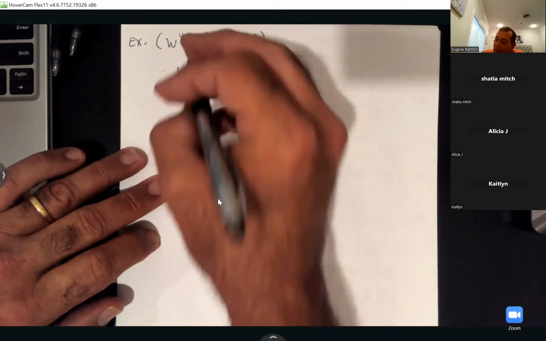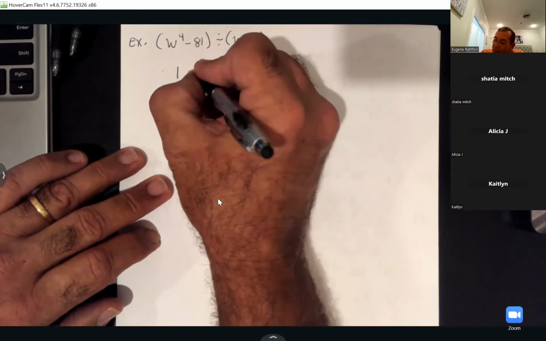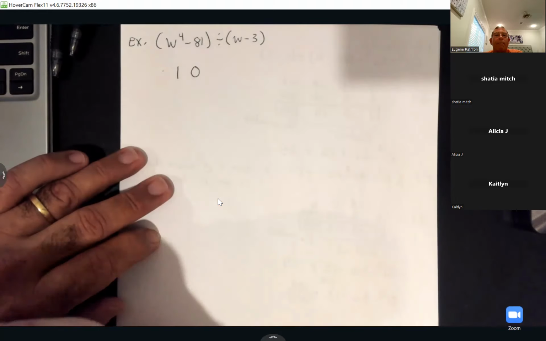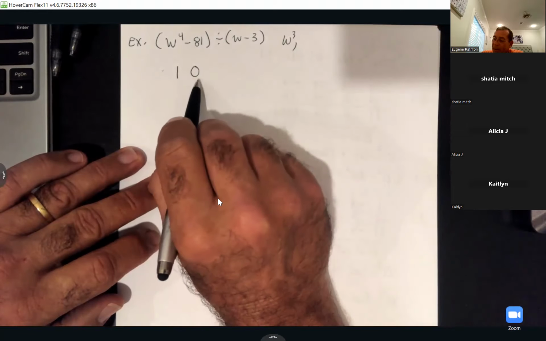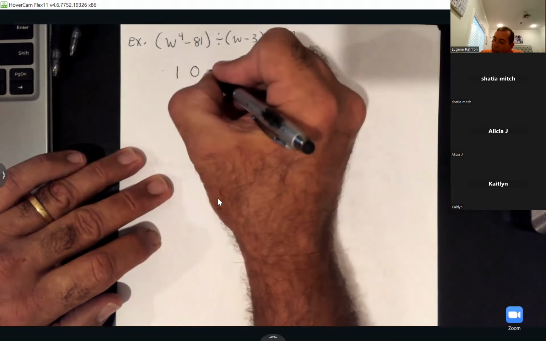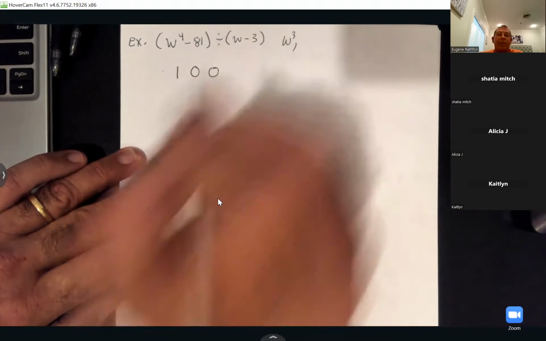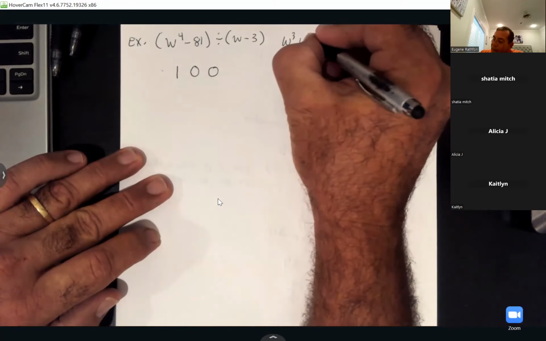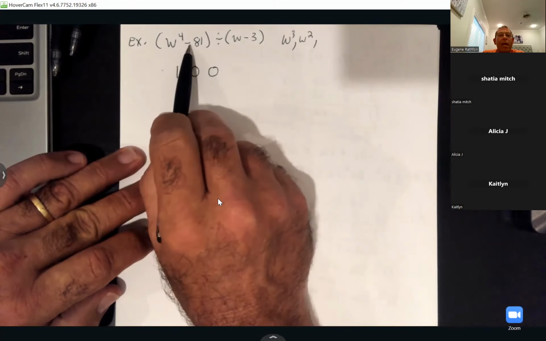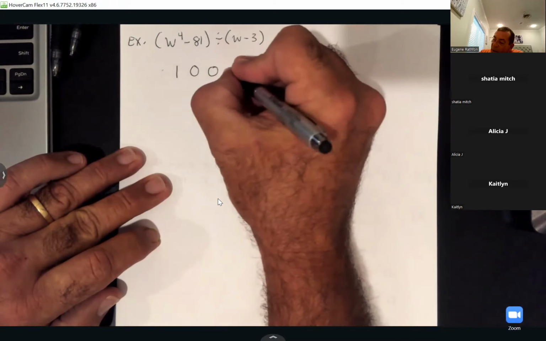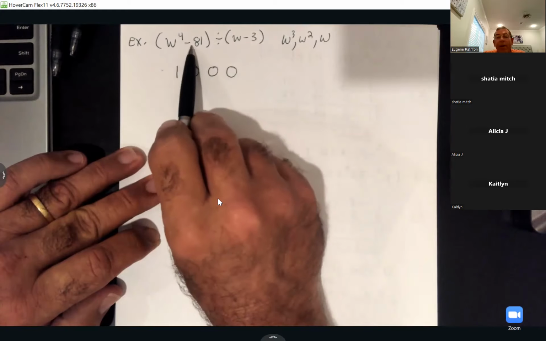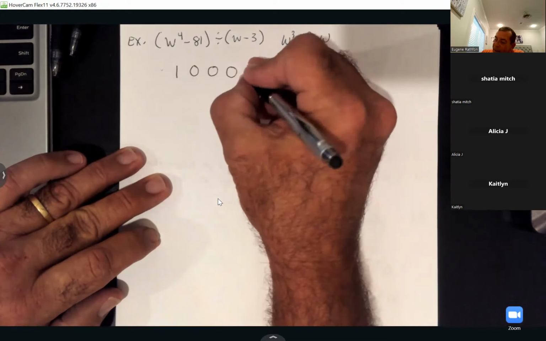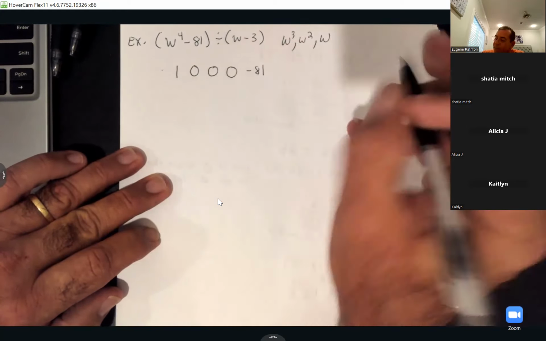But I don't have a W3, so the W3 term will be a 0. So I'm missing a W3 term. I don't have a W squared term, so the W squared term will be 0. I don't have a W term, so my W term will be 0. But y'all, at the end, I do have a negative 81.